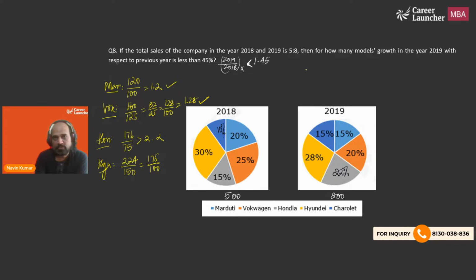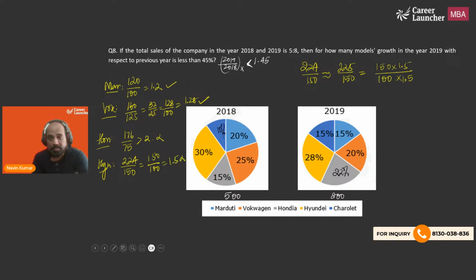So what I did actually was 224 upon 150. I've written this approximately as 225 upon 150. Now 225 is 150 ka 1.5 times. And 150 is 100 ka 1.5 times. Sorry. So this is basically 150 upon 100, which is 1.5. So should not be included.